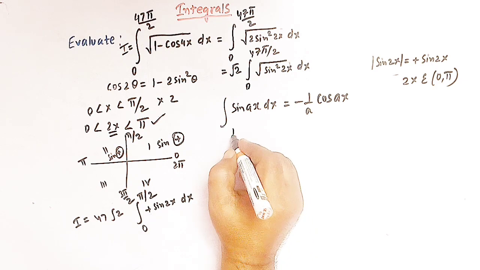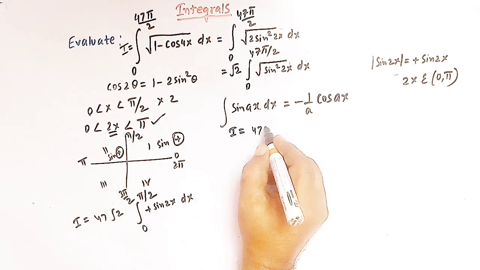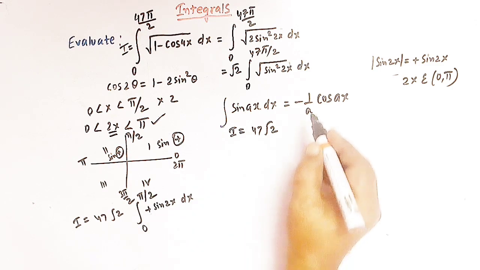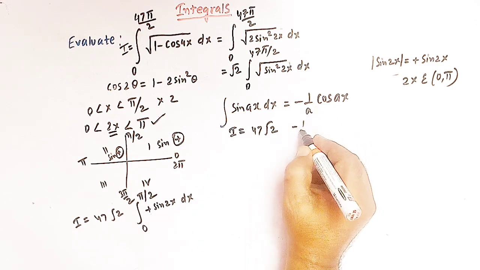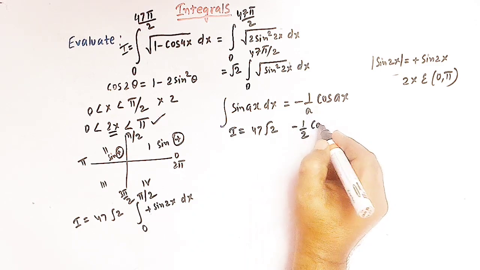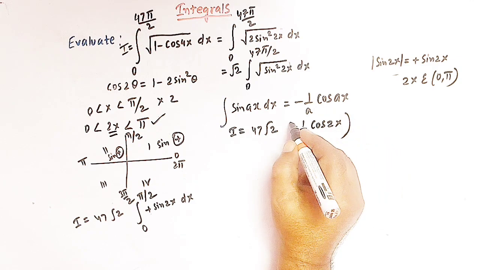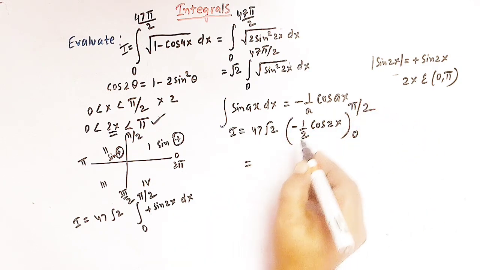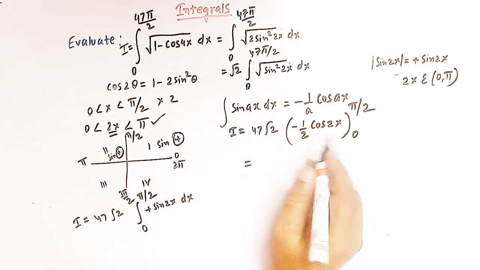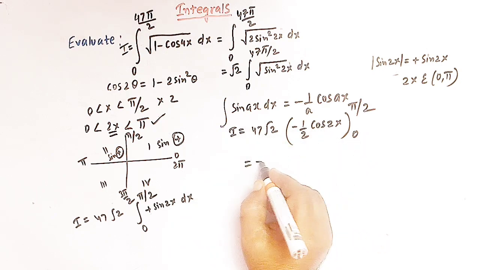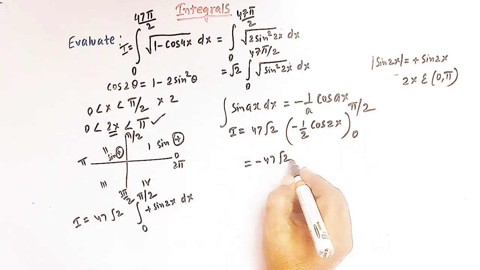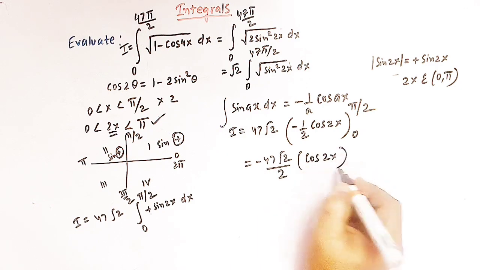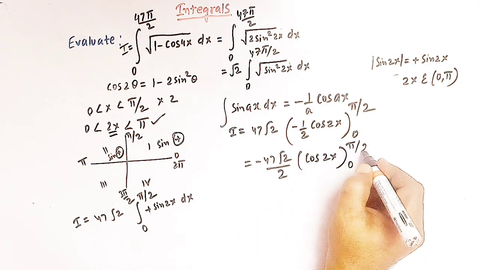Here I is equal to 47 root 2, and the integral of sine 2x is given by minus 1 over 2 cos of 2x, and the limits of integration are from 0 to pi by 2. Now taking minus half outside the bracket, we have minus 47 root 2 over 2, and simply cos 2x from 0 to pi by 2.